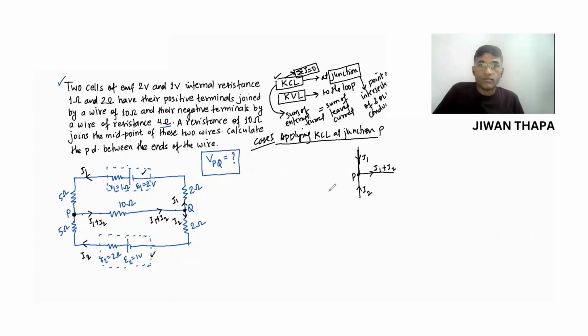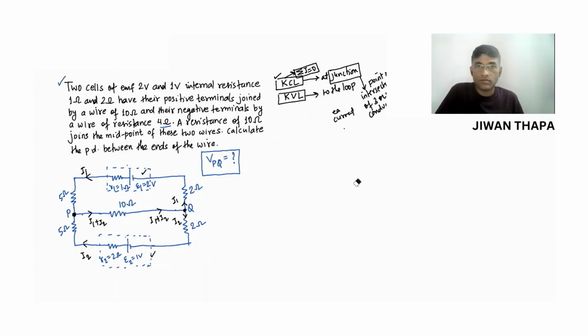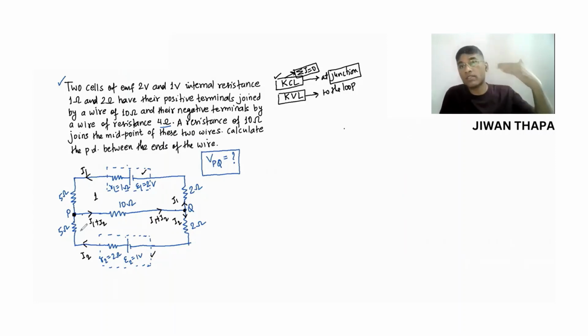Now, I'm erasing this. Now, let us take this as loop 1. The upper part of the circuit is loop 1. Let us call the lower part of the circuit loop 2.